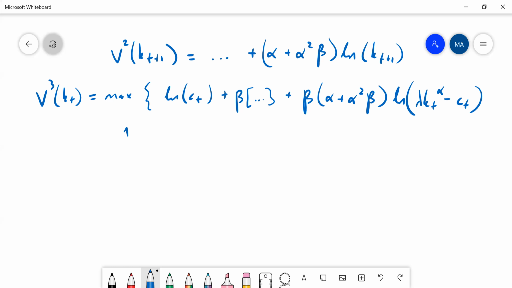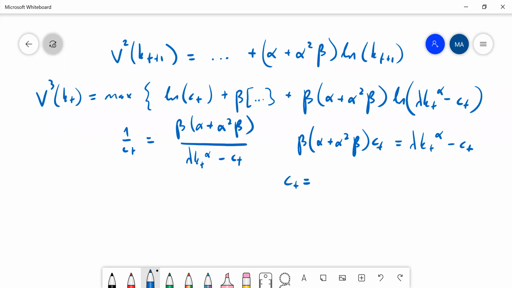So you do it again, 1 over CT now equals beta alpha square beta divided by lambda KT alpha minus CT. So you have beta alpha square beta CT equals lambda KT alpha minus CT. So CT is 1 over 1 plus beta alpha square beta times lambda KT alpha.